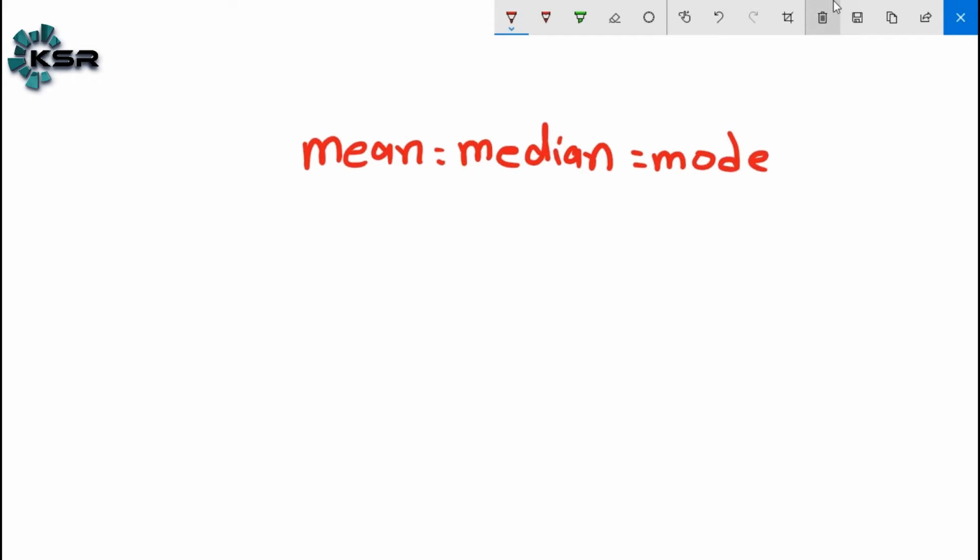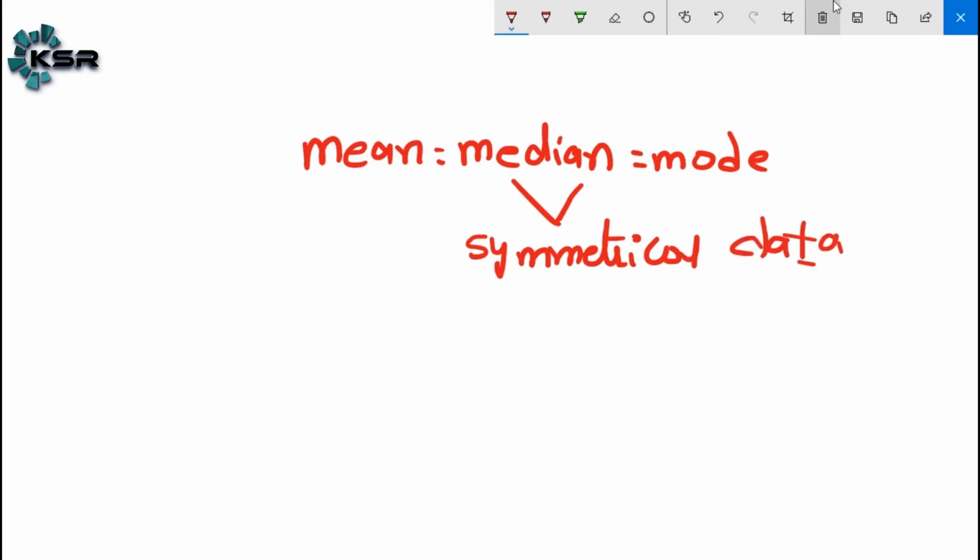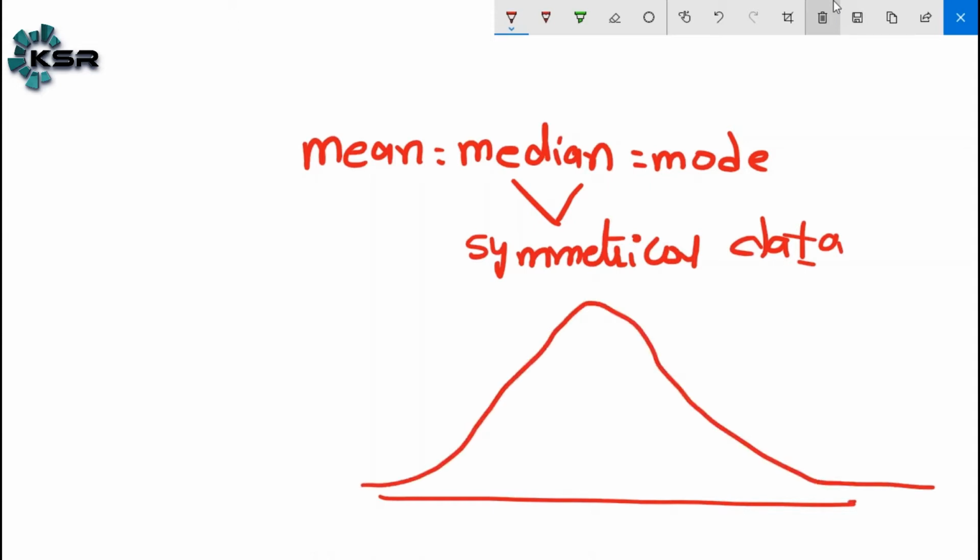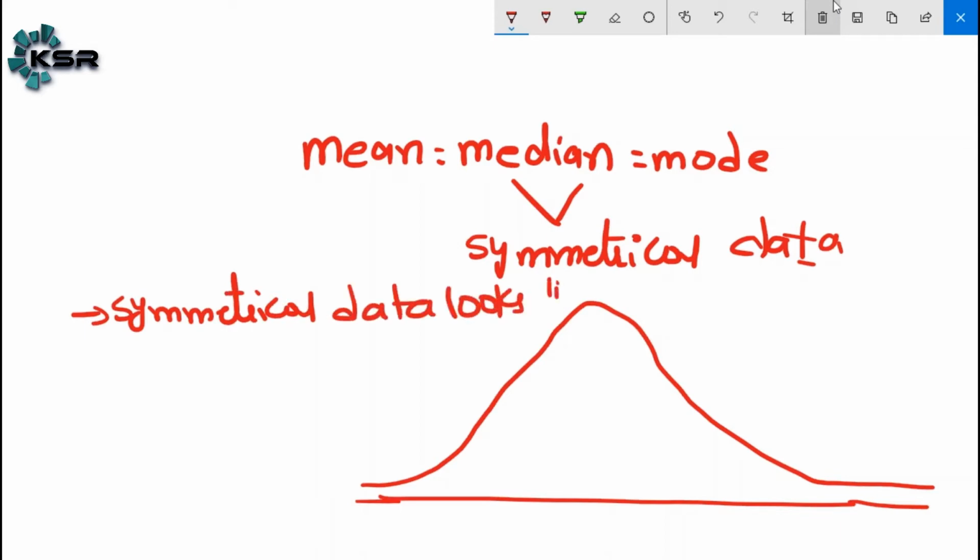Simply we can say it is symmetrical data. How does symmetrical data look? Symmetrical data looks like a bell-shaped curve.